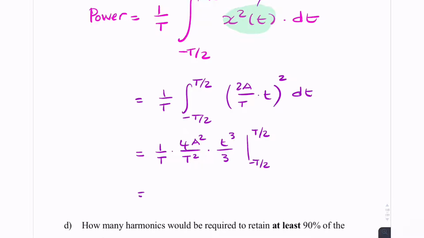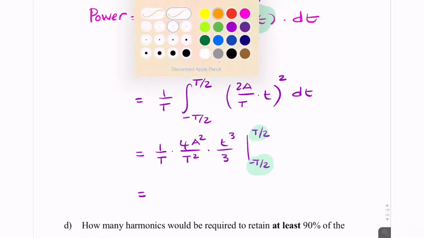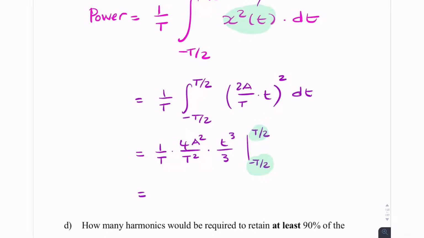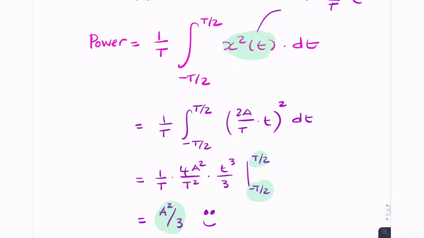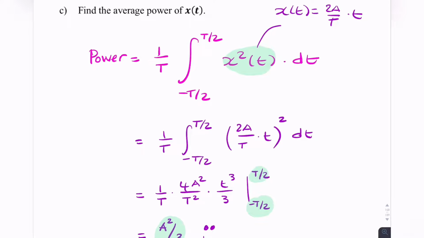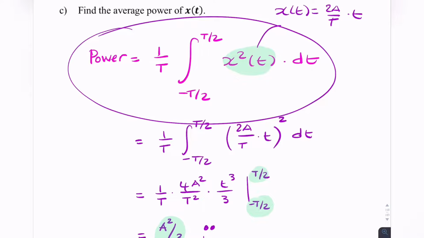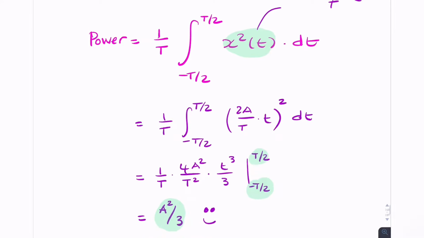And if you substitute your limits there and cancel out the T's, you get an answer of a squared over 3. So that's the final answer for the power. To find the power, we simply integrate over one period. This is the formula for power. And that's your answer, a squared over 3. We don't know a, so we can't find the power numerically, but we found the power in terms of a.